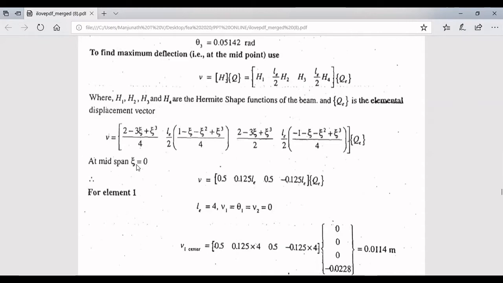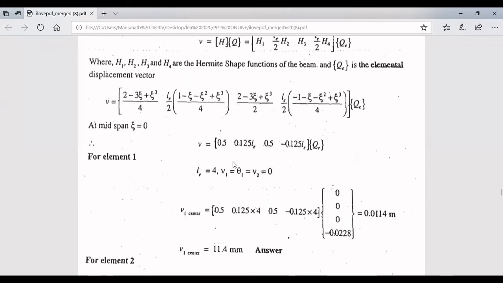Substituting zeta as 0 in this equation, it becomes 2 by 4, which gives 0.5. Similarly, here it gives 1 by 8, which gives 0.125 LE. Here 2 by 4 again gives 0.5. And this becomes minus 1 by 4 into 1 by 2, which gives minus 0.125 LE.